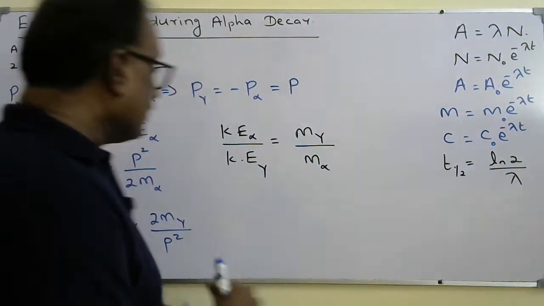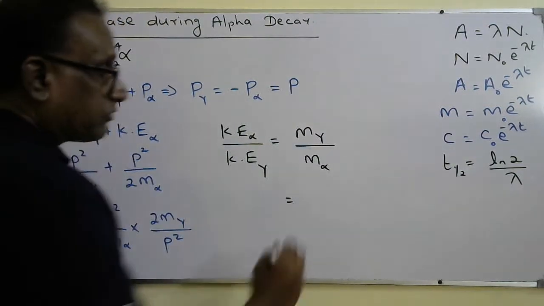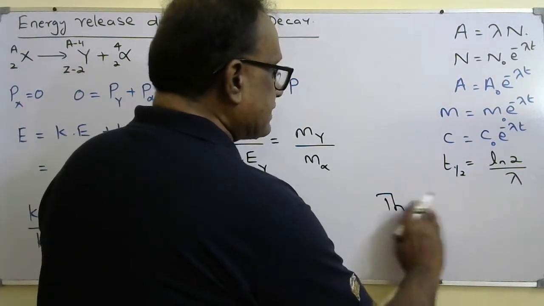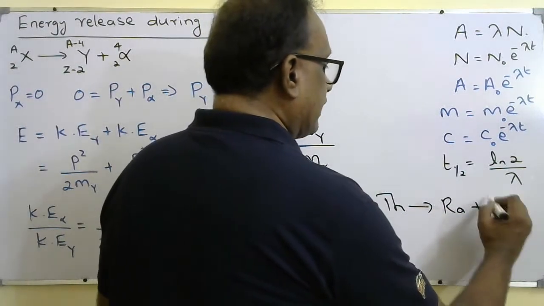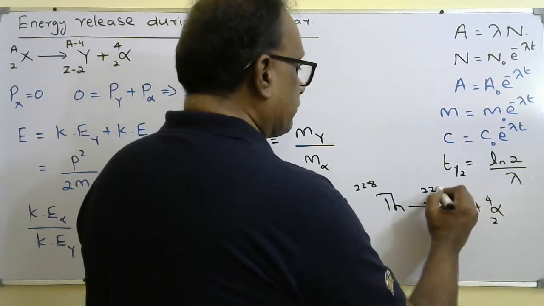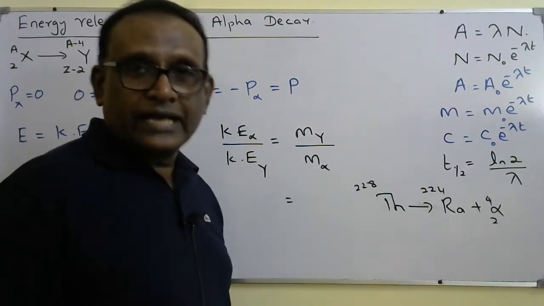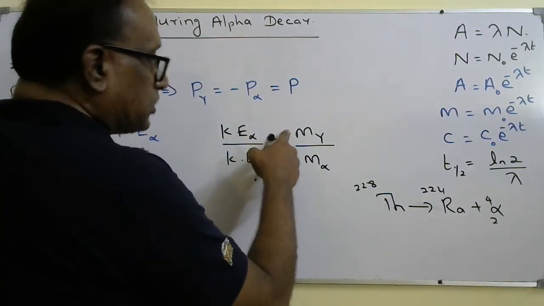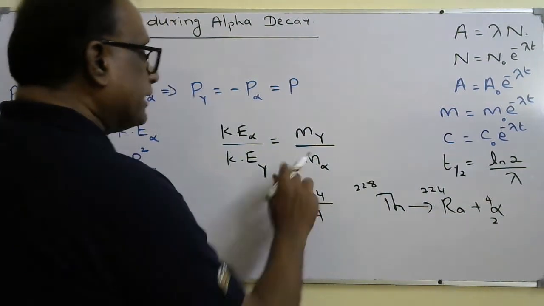The mass numbers are almost equal to the masses; a slight difference could be there due to the binding energy. But anyway, it is mass of the daughter nucleus 224 over mass of alpha 4. You can see how many times it's greater.